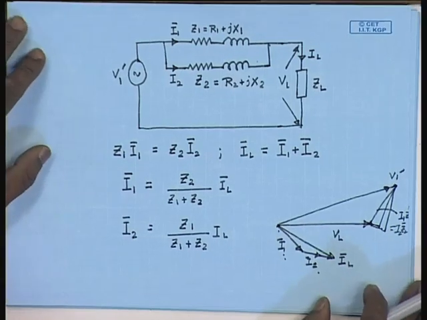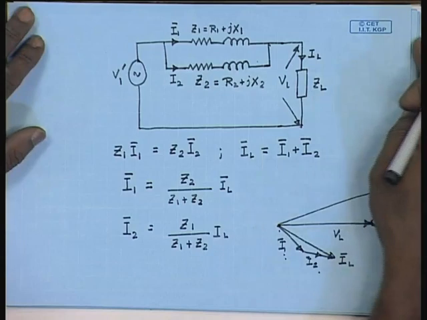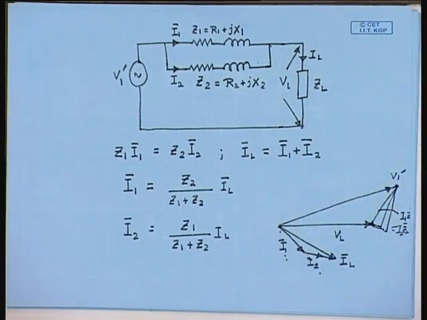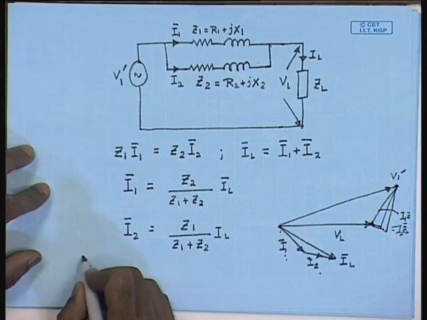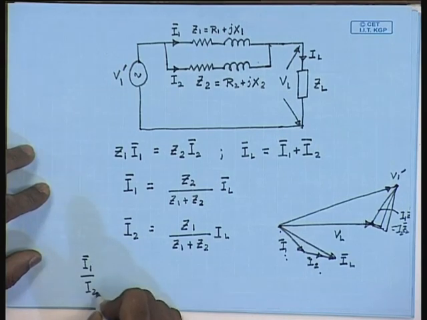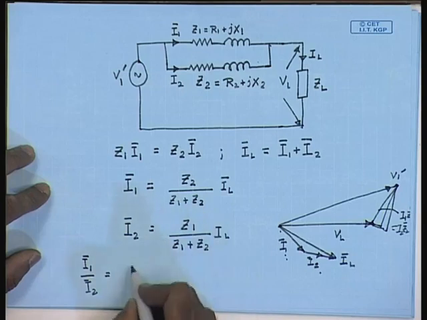Therefore, one desirable condition for parallel connected transformers is that the currents drawn by them are in phase. That will happen only if I1 by I2 is equal to Z2 by Z1.